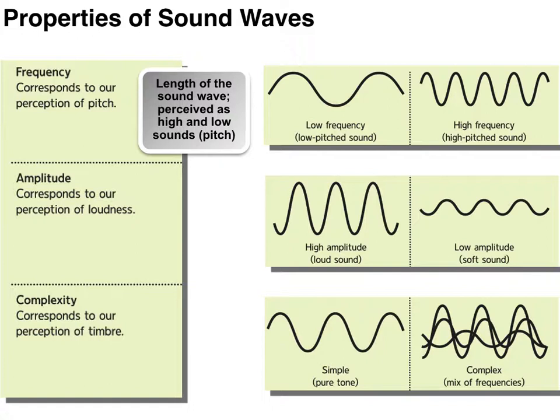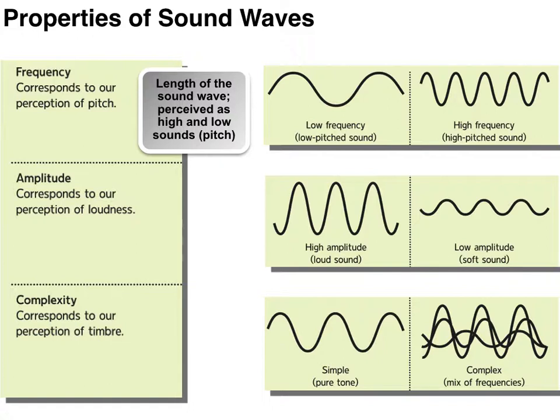So here you see that these cycles don't repeat as often, and you're going to hear that as a lower pitch. When you heard the scales, when it was the lower end of the scales, that was going to be a lot lower frequency. When it got to the high end of the scales, it was going to be a high frequency, a higher pitch sound, where that cycle repeats more often.